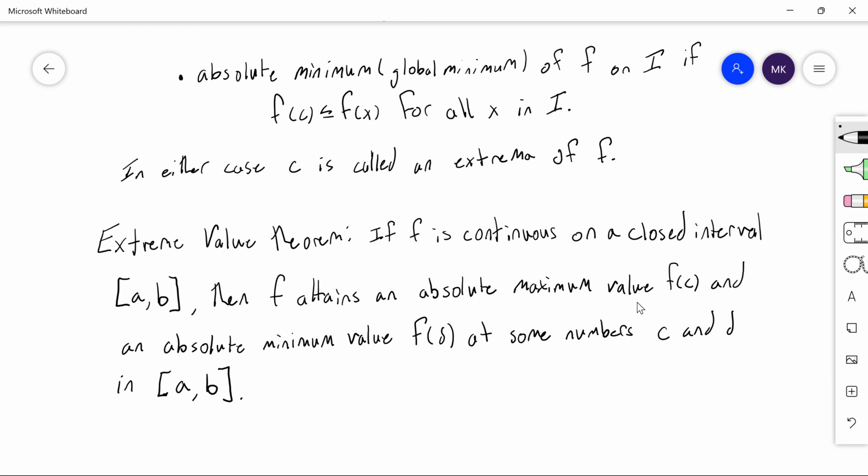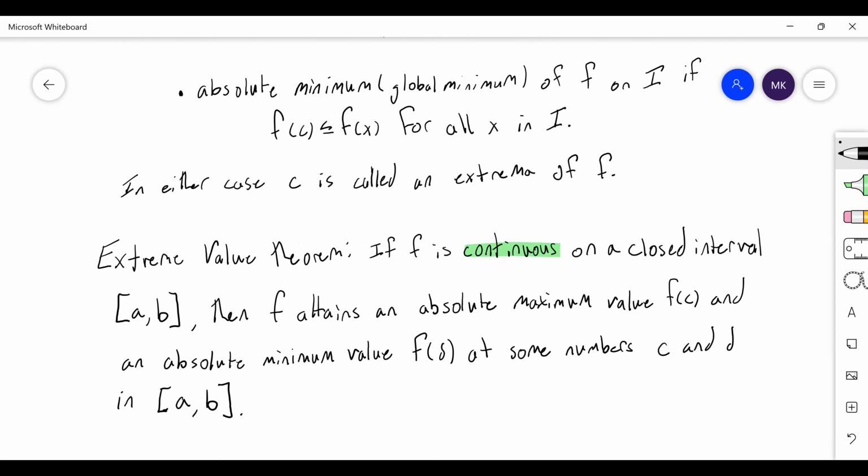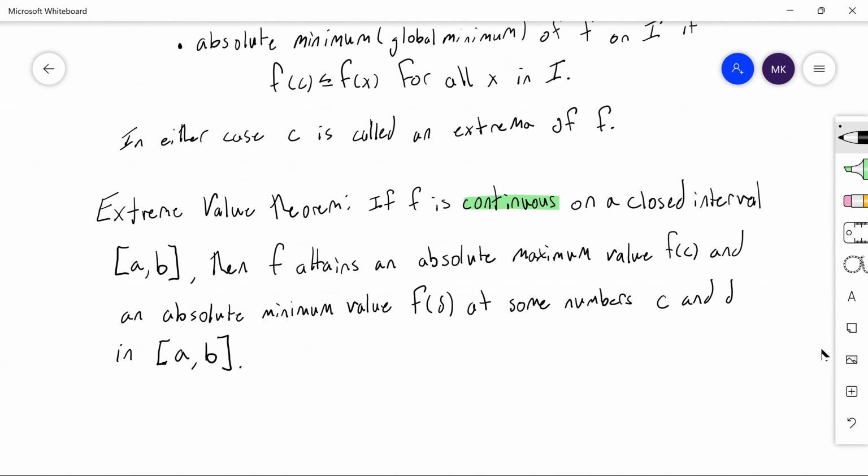So a big important piece here is continuous. That is very important when we're talking about this section. If we are discontinuous even at a single point in [a, b], then it is not necessarily true that these extreme values exist inside this interval.